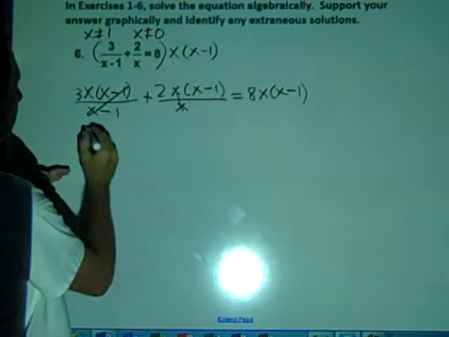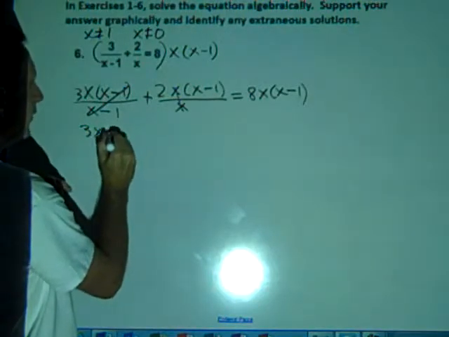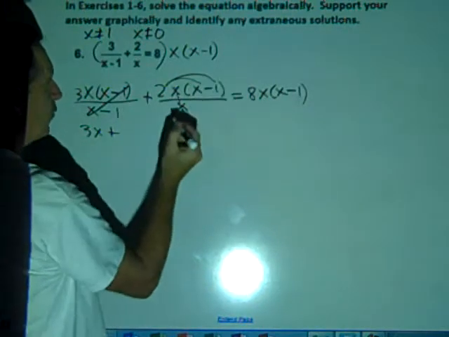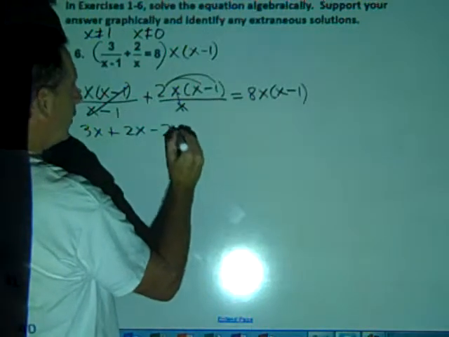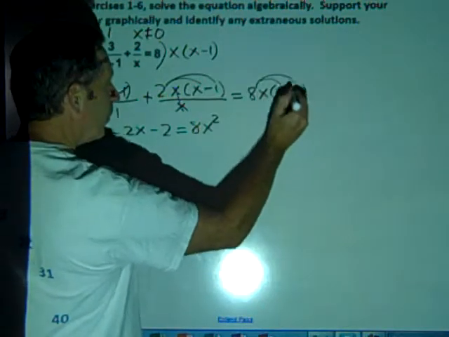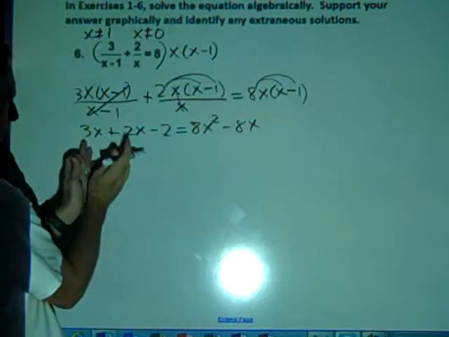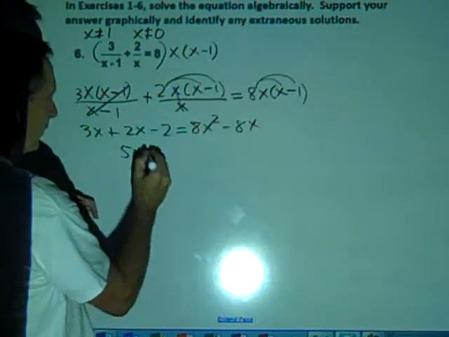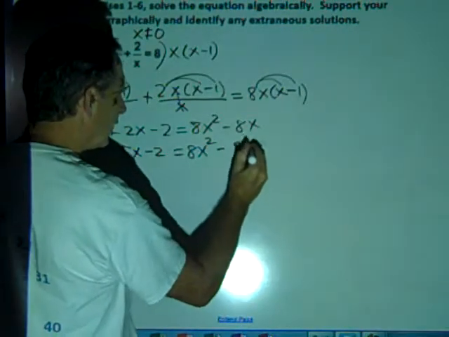So writing down what we have left, we have 3x plus 2 times x, 2 times negative 1, so that would be plus 2x minus 2 equals 8x squared minus 8x. We will combine like terms here. 3x plus 2x equals 5x minus 2, equals 8x squared minus 8x.